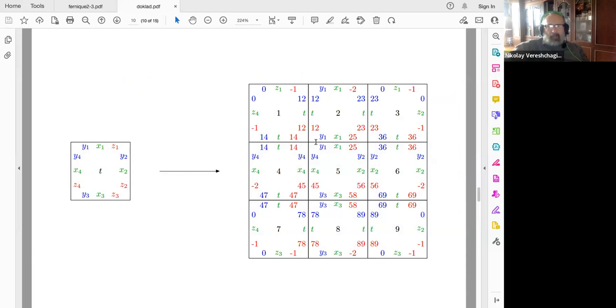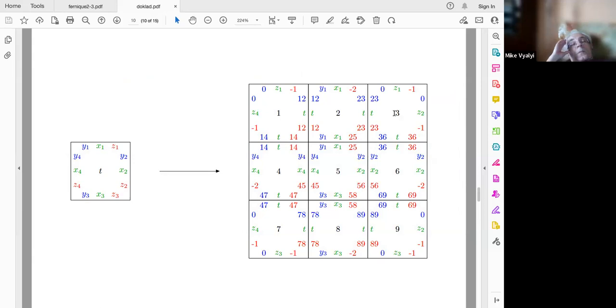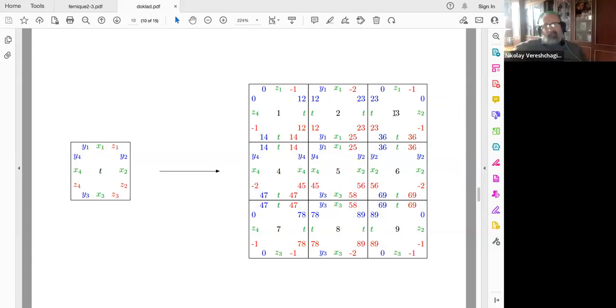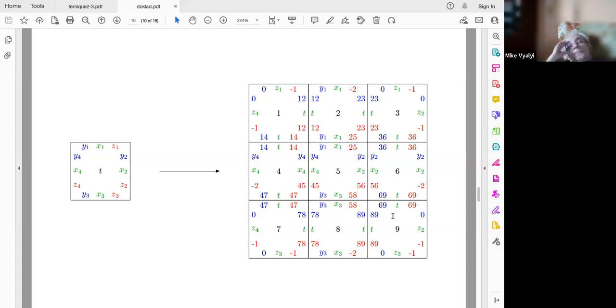First of all, we have matching colors on all the internal sides. This is easily verified looking at the right-hand side, right, Misha? Not easily, but it's a short verification. So yeah, in the middle, everything matches.